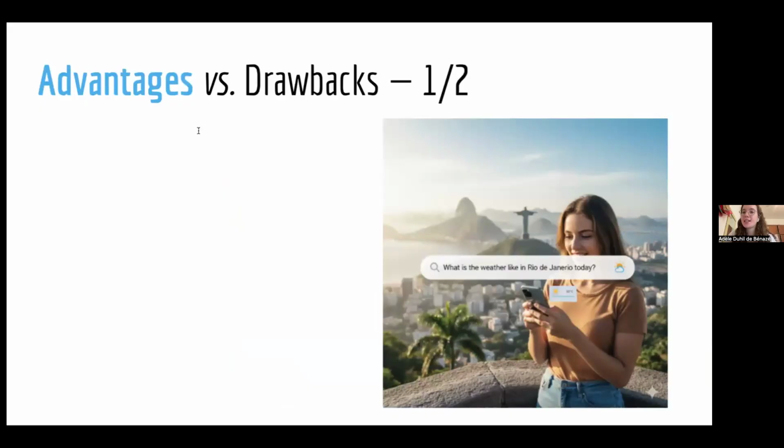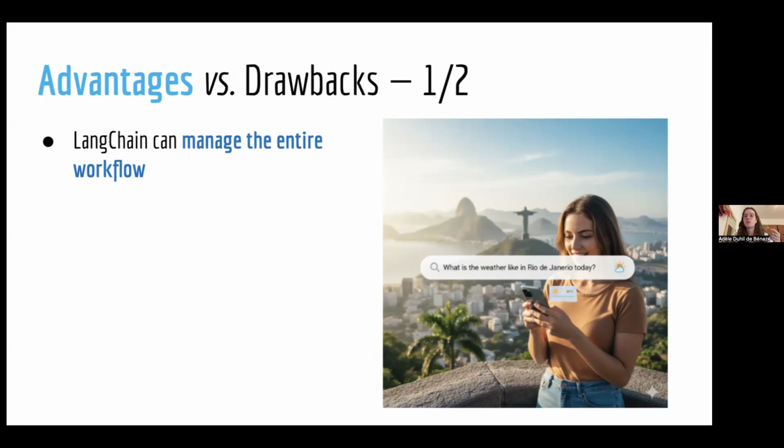Please, thanks. So we can imagine a user, she's on a phone and she opens an app and she says, "Oh, what's the weather today in Rio de Janeiro?" And Langchain can in fact handle the full process of answering her question because Langchain will understand the user's question with an LLM.